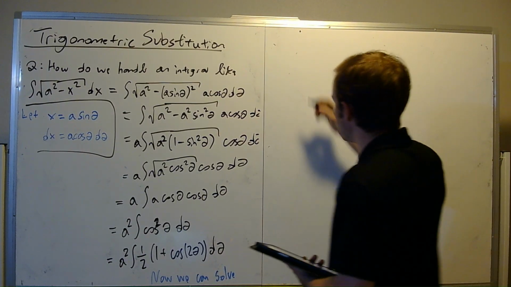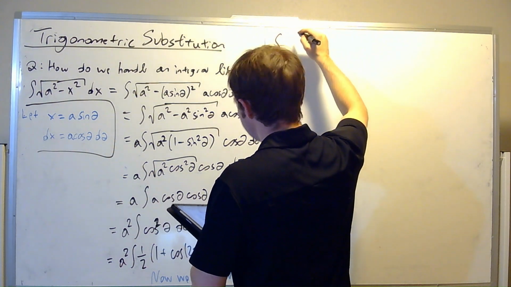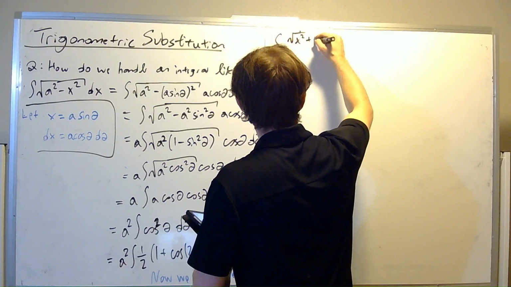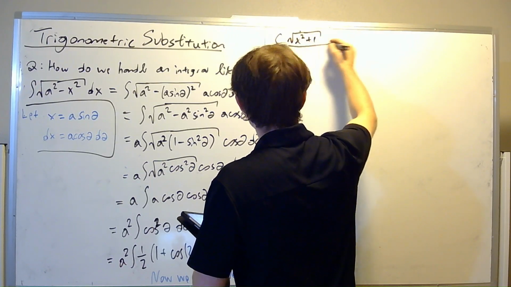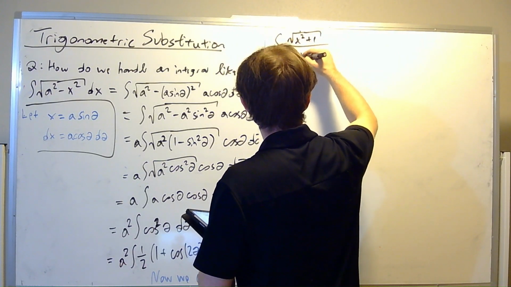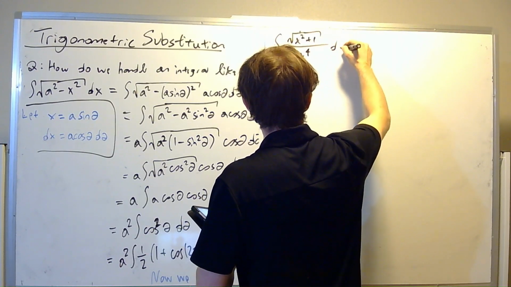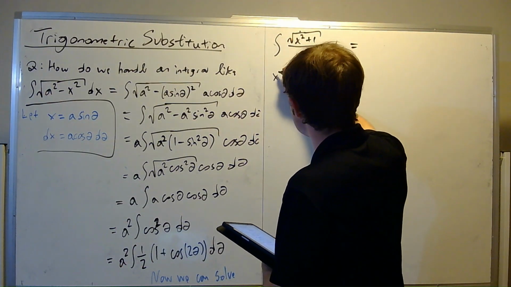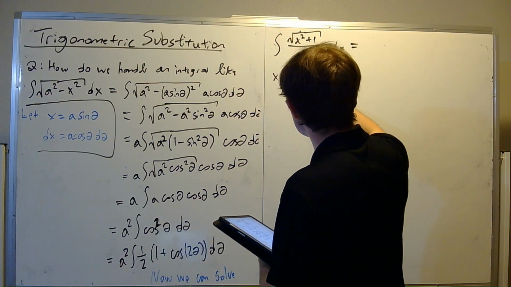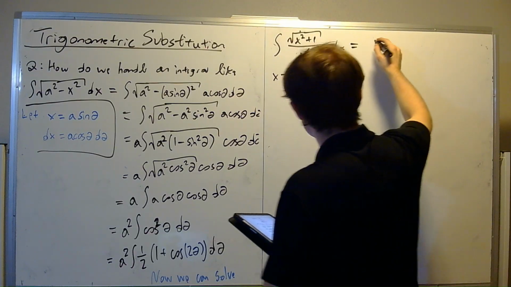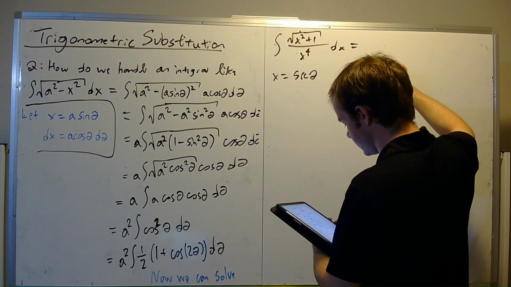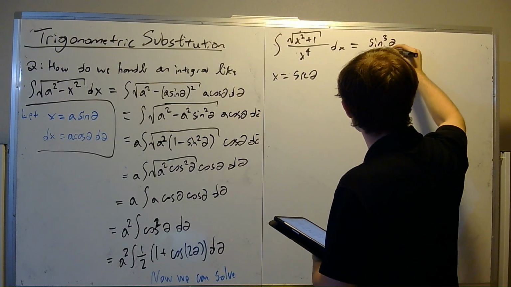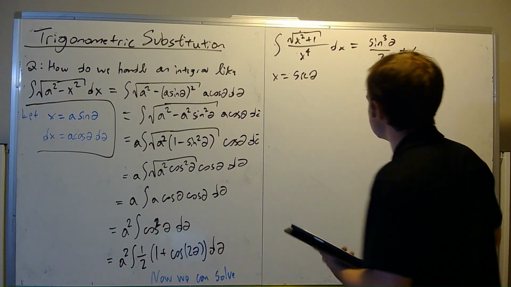Right, so we had the integral of square root of x squared plus 1 over x to the 4th dx, and we said that that was going to be equal, so what we did here was we set x equal to b secant theta, and we said that that was equal to sine cubed theta over 3 plus c.